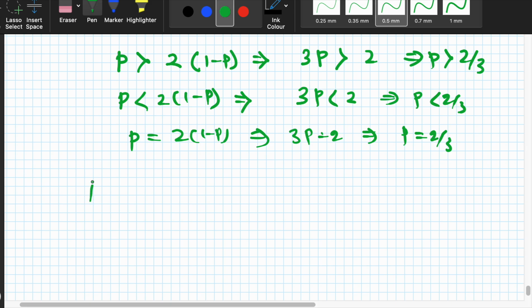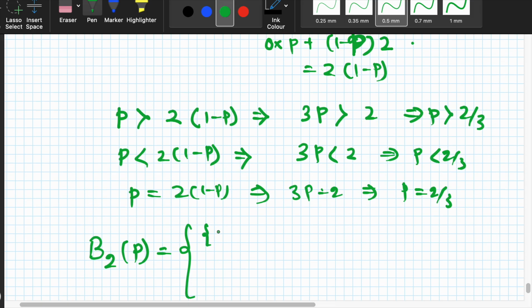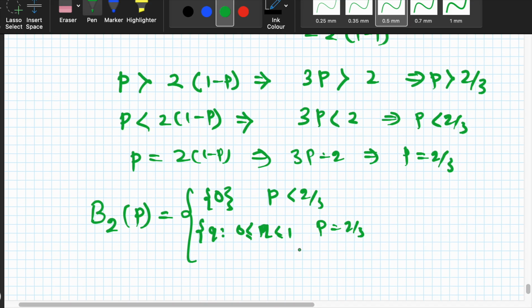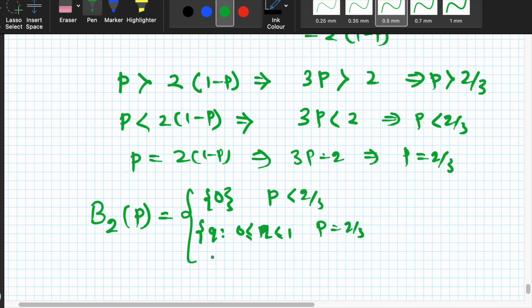So now if we write the best response of player 2, which is a function of p, this will be q equal to 0 if p is less than 2/3, any q between 0 and 1 for p equal to 2/3, and q equal to 1 if p is greater than 2/3.